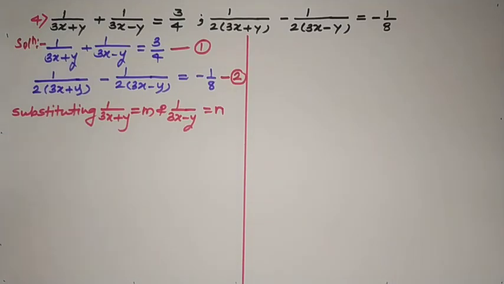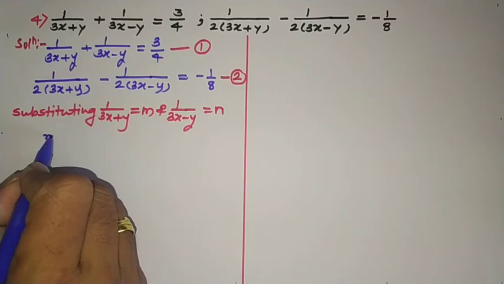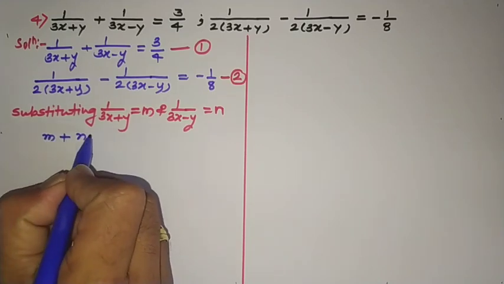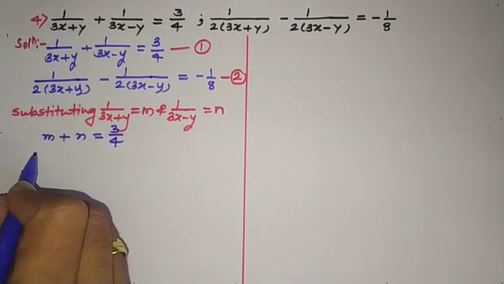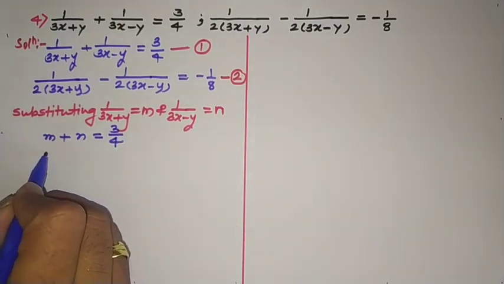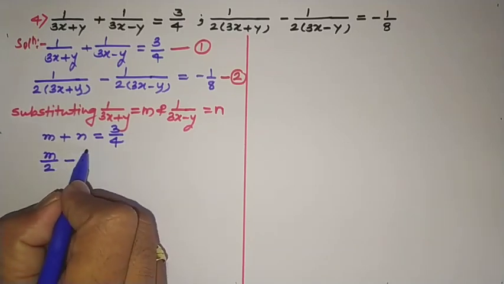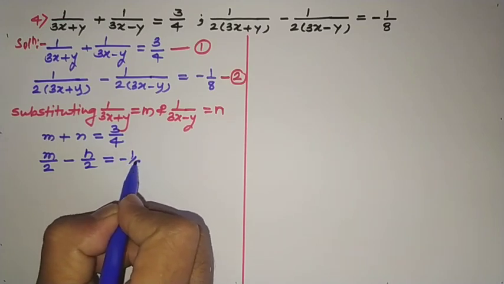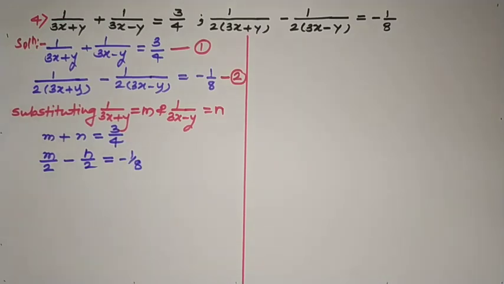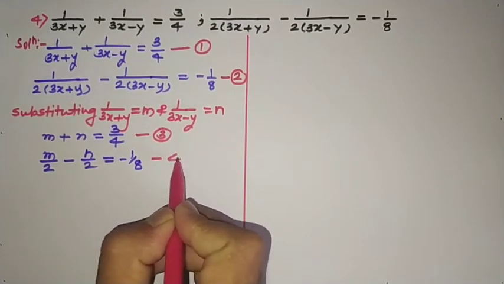Given equations become m plus n is equal to 3 upon 4, and second equation m upon 2 minus n upon 2 is equal to minus 1 upon 8. This is equation 3 and this is equation 4.